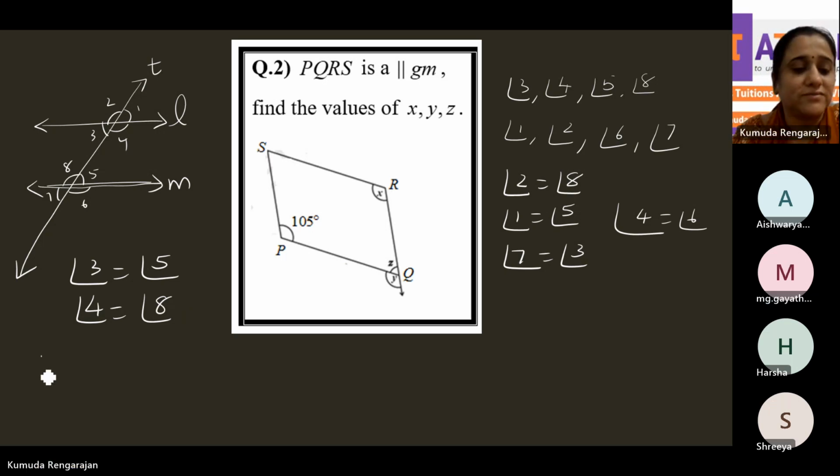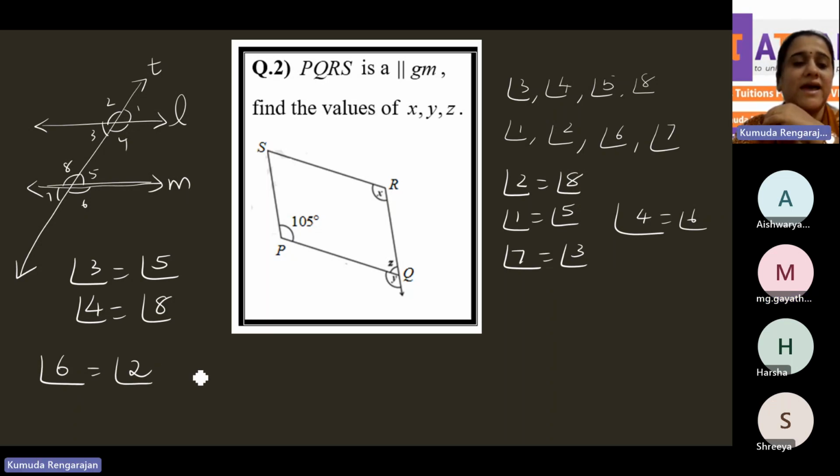Now alternate exterior angles. Online students, angle 6 and 2. Angle 6 is equal to angle 2.